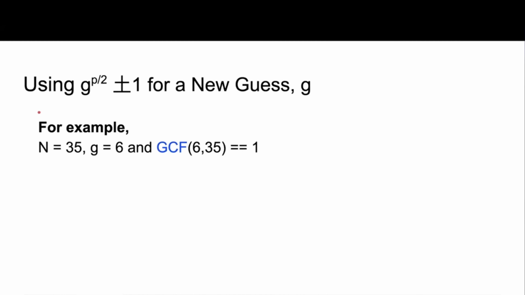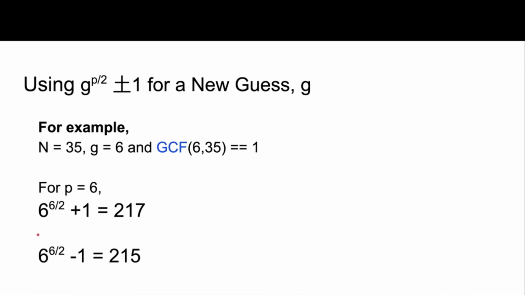In our previous example, when we looked at n equal to 35 and g equal to 6, we saw that they did not share any factors. They were co-prime because the greatest common factor with Euclid's algorithm was equal to 1. For p equal to 6, we have 6 raised to the 6 divided by 2 plus 1 equal to 217.